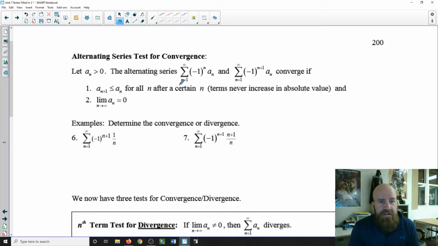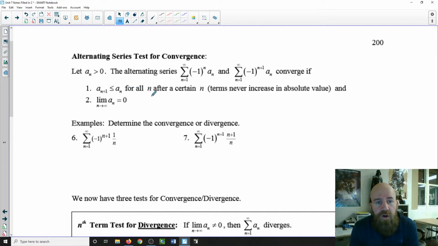But the alternating series test says in these cases, if you have an n as a power and n plus 1 as a power, 2 things must happen for it to converge. So a sub n plus 1 has to be less than or equal to a sub n. Okay, so what that means is the next term has to be smaller than the previous term at some point.